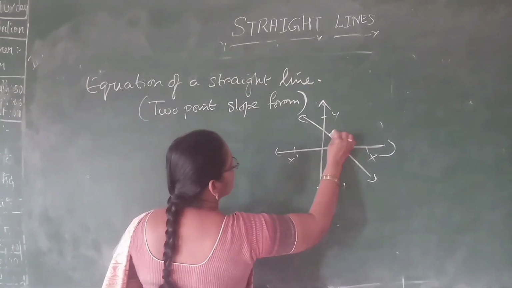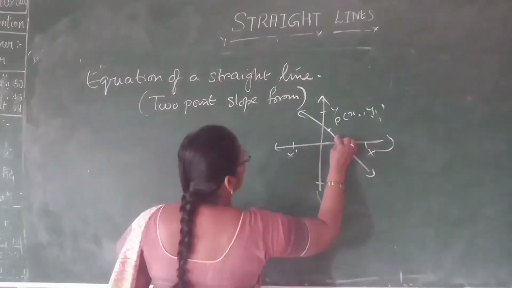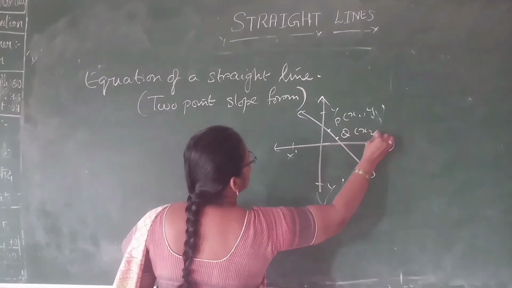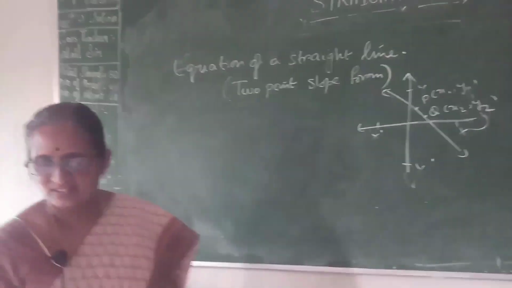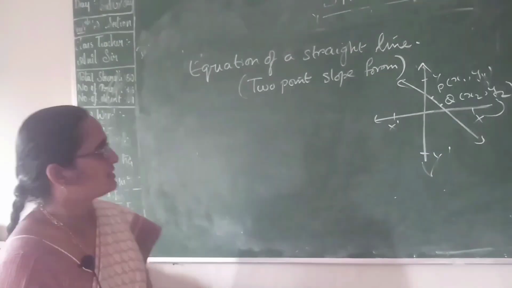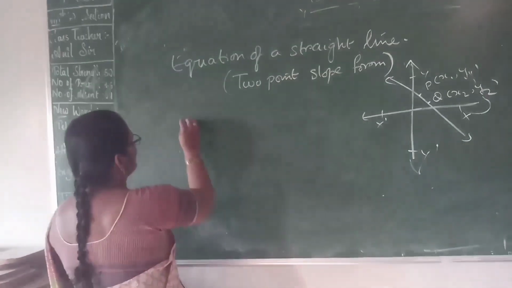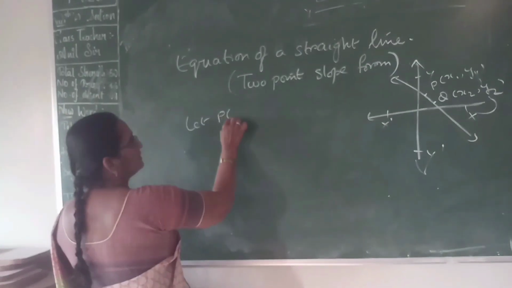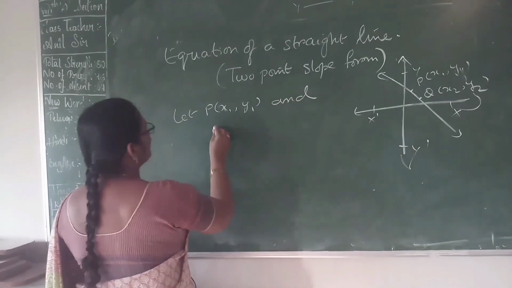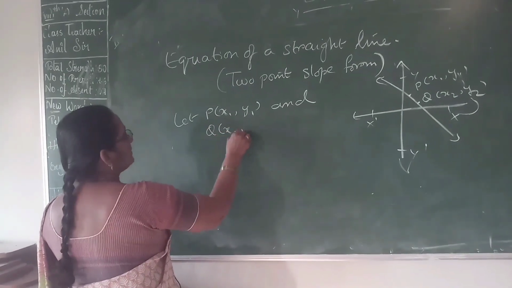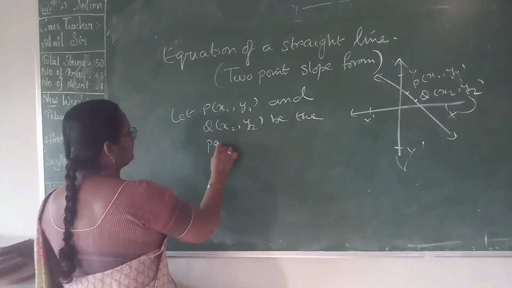So, here we will consider one point, that is P of x1 comma y1, another point Q of x2 comma y2. So, we are having here 2 points. So, when we have 2 points, suppose it is passing through one point, let P of x1 comma y1 and Q of x2 comma y2 be the points.